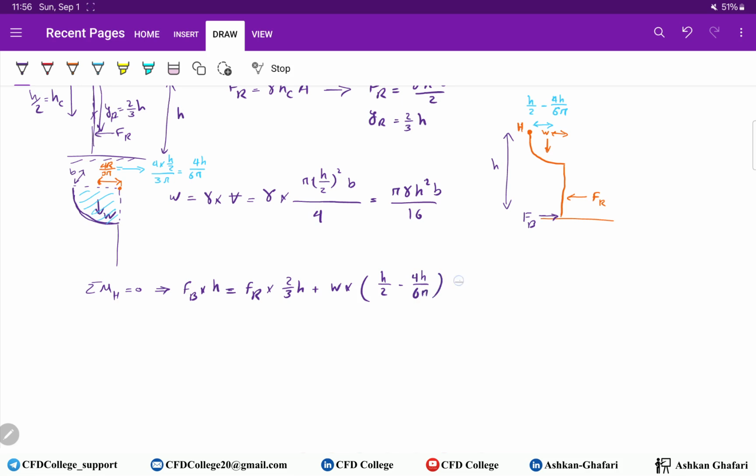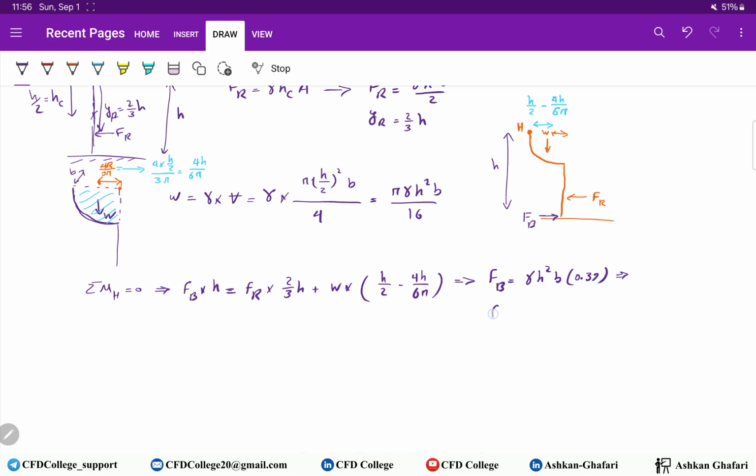And now if you solve this, you will end up with Fb equals gamma h square b times 0.39.